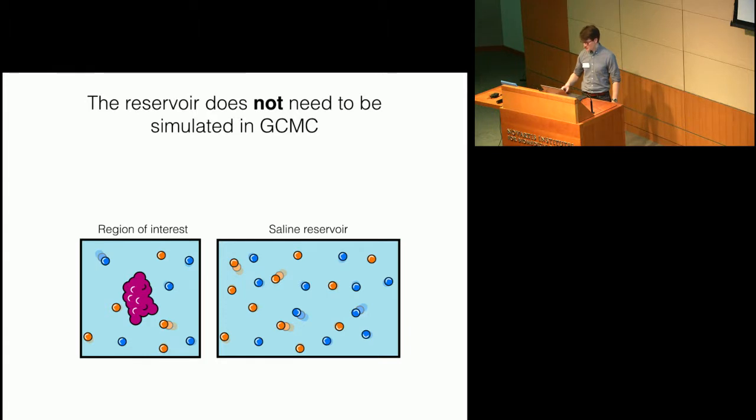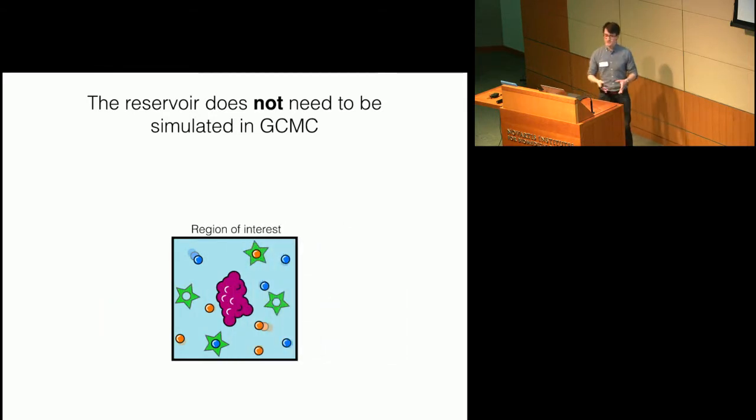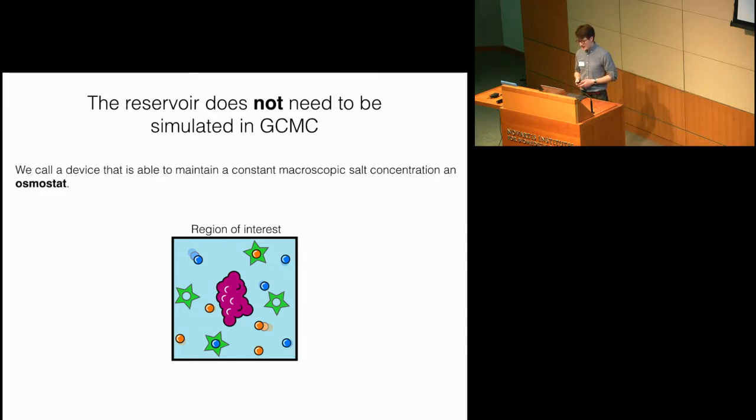And this mathematical trick allows us to replace explicitly simulating the saline reservoir in this case with just the system of interest, and the methodology allows us to create and annihilate ions within that. And I'll refer to any device that's able to maintain a constant macroscopic salt concentration, but a fluctuating variable amount of ions around a biomolecule, an osmostat.